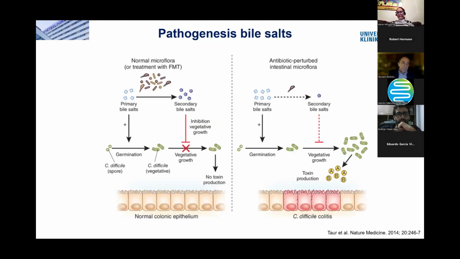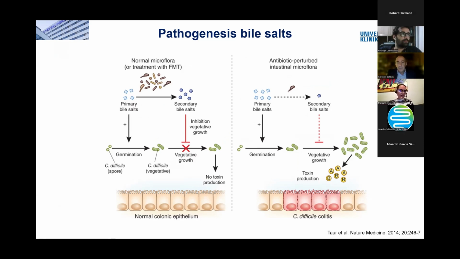Over the last decades, we've learned quite a lot about when and how the Clostridia pass between the vegetative form and the spore form. We have learned that bile salts play a major role in the regulation of these two forms. Here's a picture that illustrates that a bit. You can see on the left side of the picture a diverse microbiota represented by the brown images in the gut lumen.